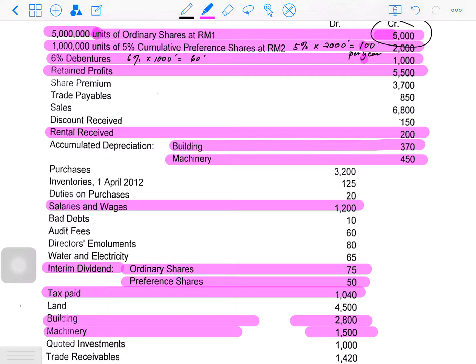Okay. Then you have share premium, also statement of changes in equity, 3,700,000. Statement of changes in equity, 3,700,000 in the statement of changes in equity.